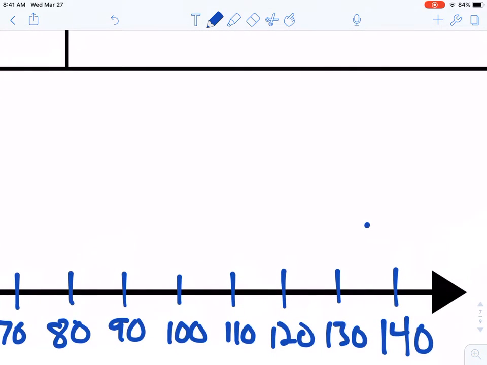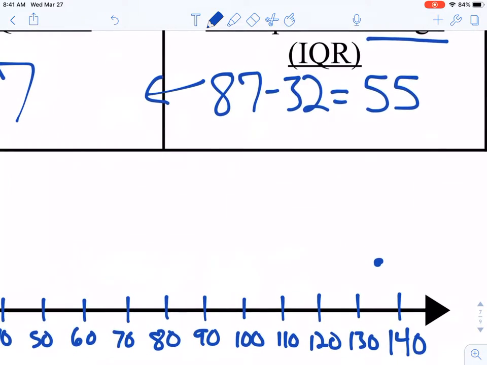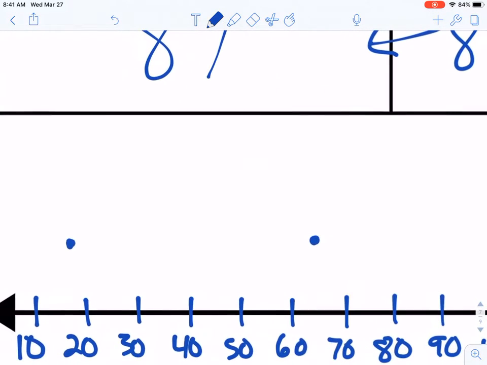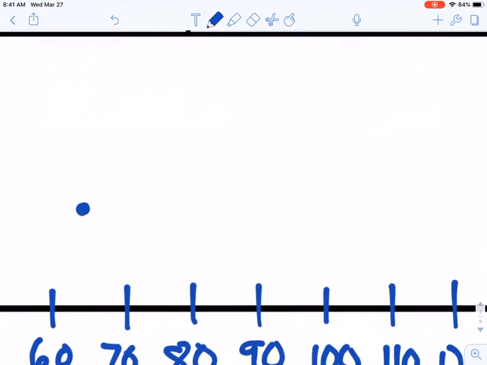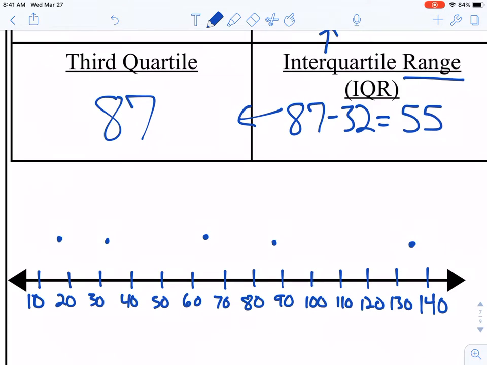Then we're going to go up to 135, and then I'm going to put a dot at the median, which is 65. At the first quartile, which is 32. And the third quartile, which is 87. And then there's 2 ways of doing this. You guys have seen this before, so I don't know which one you're most familiar with. You always put lines for your whiskers on the outside.